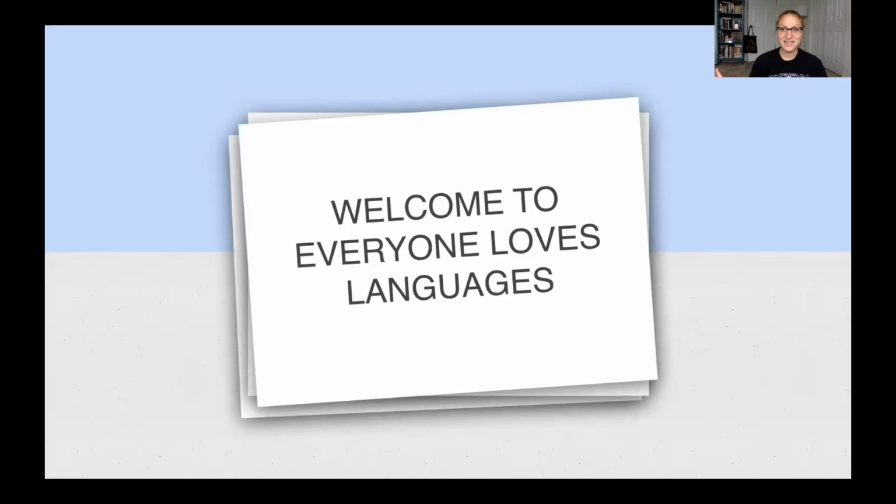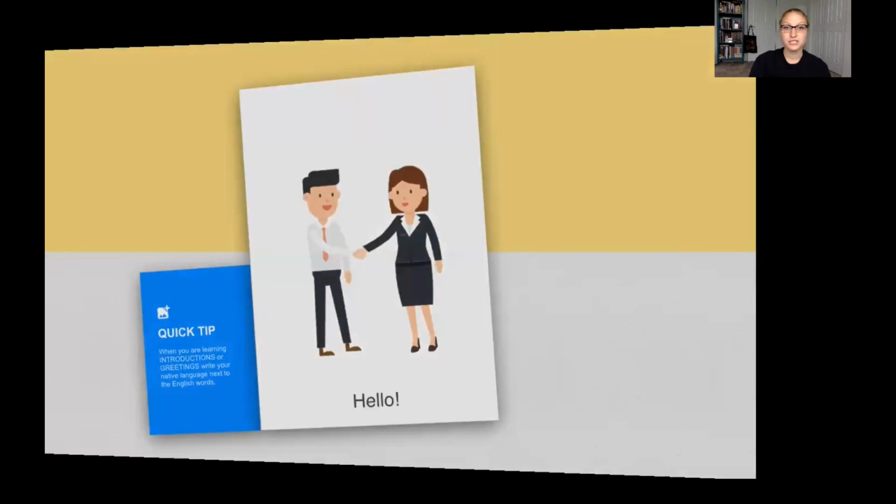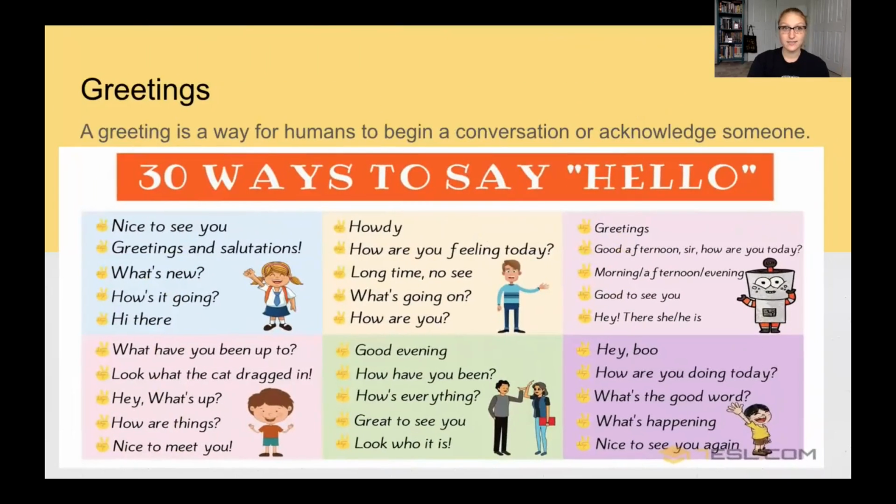Everyone loves languages. So, what we covered last week, we went into the different methodologies of greetings. The reason why we went into this was to work on some of our ability to decipher different ways of starting conversations and then continuing those conversations.